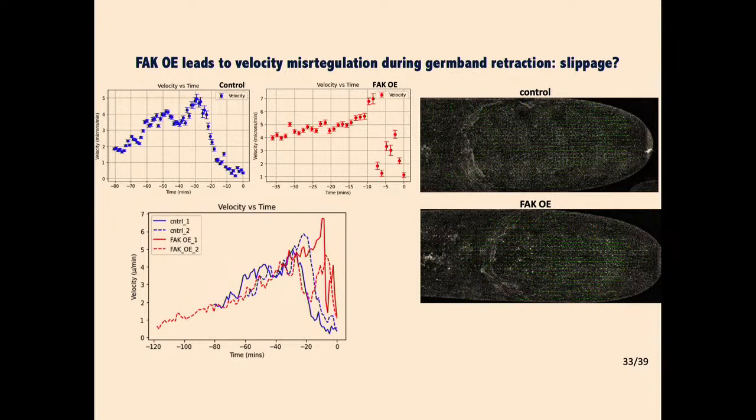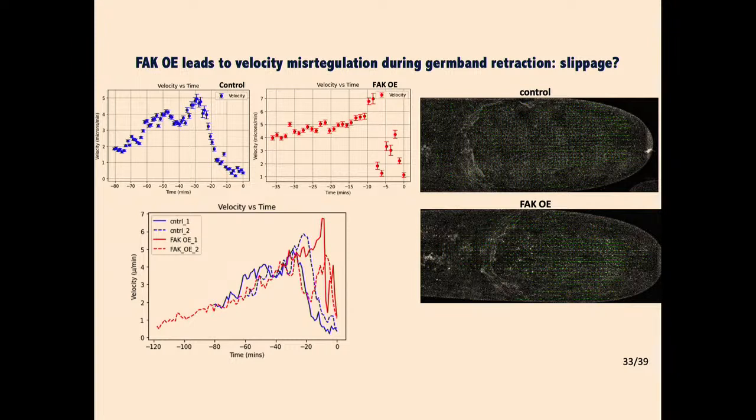The point that I want to make here is that while control embryos show this rise and then fall, like I showed you before, what you see in the mutants is that the velocity does appear to rise, but after a while there's some sort of instability. By that I mean that the velocity drops, rises again, drops, rises again.